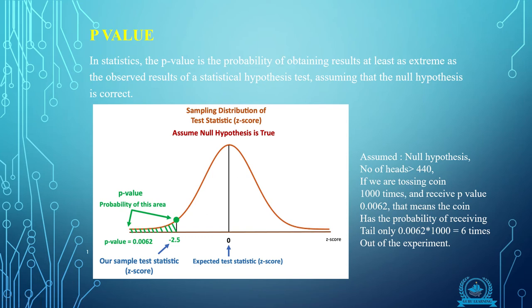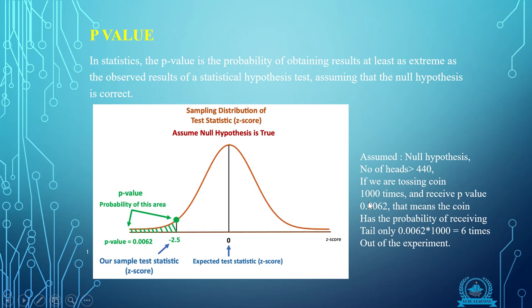This is normally known as the null hypothesis. How can we prove its basis? The answer is the p-value. Let's consider that we receive the p-value as 0.0062. That means the coin has the probability of receiving tails only 0.006 multiplied by 1000, equal to 6 times.